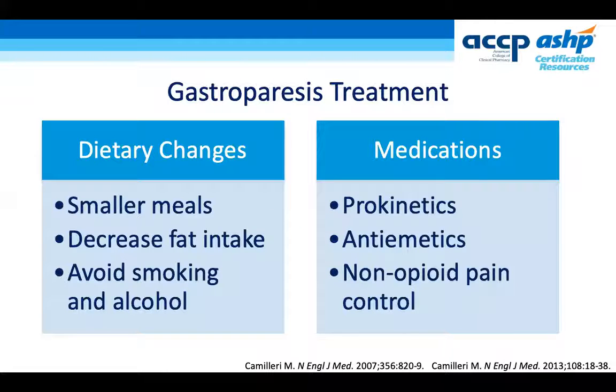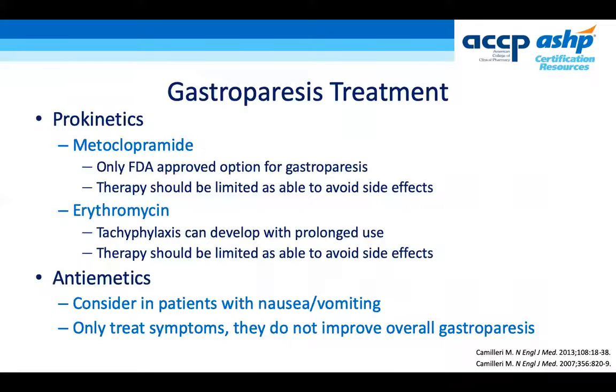In terms of treatment and prevention, dietary changes can play a huge role here. Smaller meals, decreasing fat intake, avoiding smoking and alcohol, all of those can help with gastric emptying and help prevent delays. And there are some medications that can help as well.